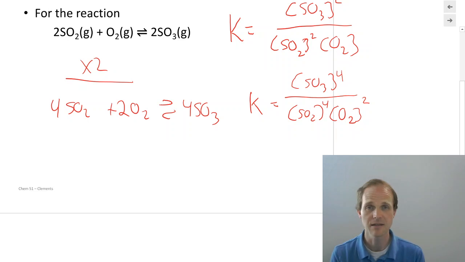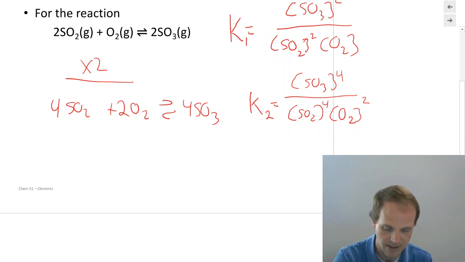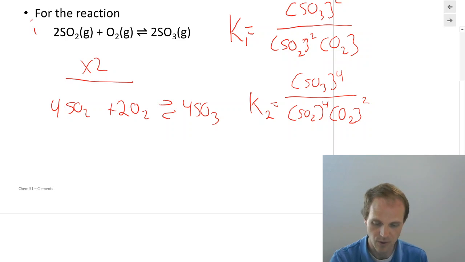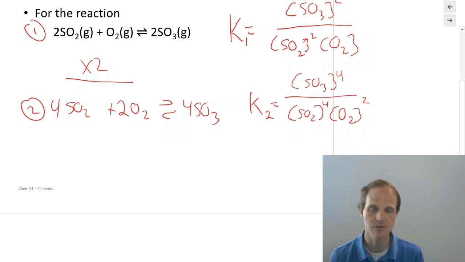That's not the same K value, right? Let's call this K1 and this one K2, the 1 and 2 just referring to reaction number 1 and reaction number 2. Chemists love putting subscripts after letters. We do it all the time, and that just helps us identify what we're talking about.